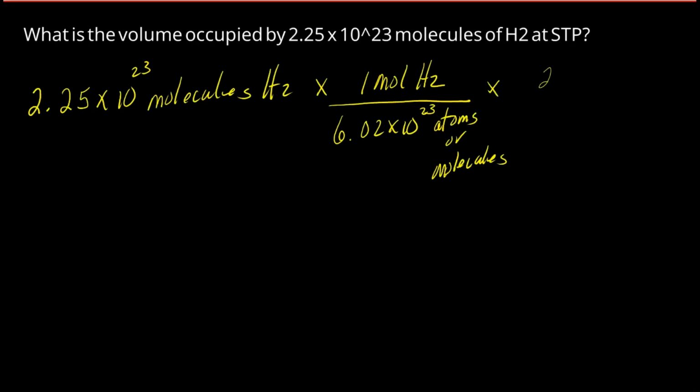Let's multiply it times 22.4 liters of hydrogen per 1 mole of hydrogen. All right, so this will give me a volume of 8.37 liters.